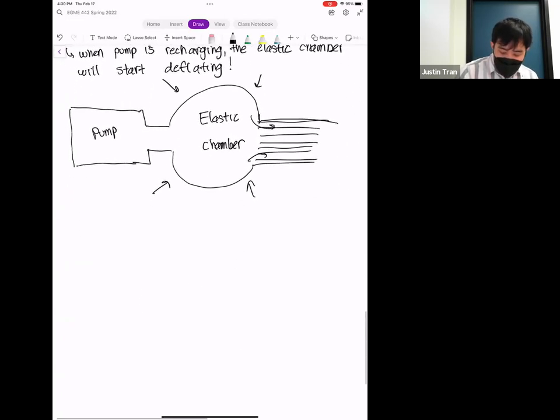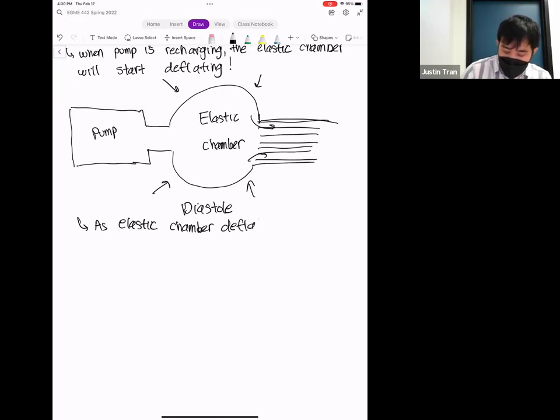And so this here would be diastole. And so as the elastic chamber deflates, blood will be pushed through the microchambers.